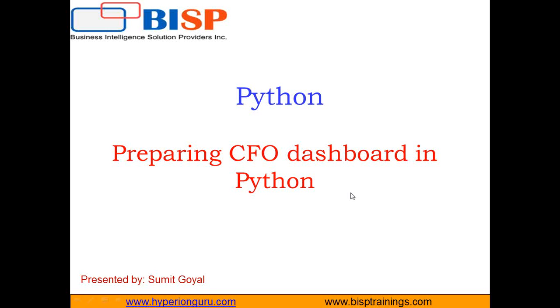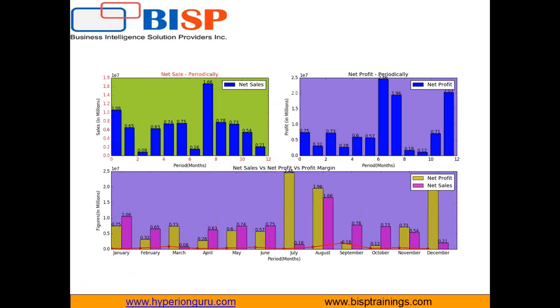So first of all, let's have a look at how the CFO dashboard looks. As you can see here, these are the previous reports which we created earlier: net sales periodically, net profit periodically. This indicates the period-wise net sales in all the regions, or the total expenditure we have done.